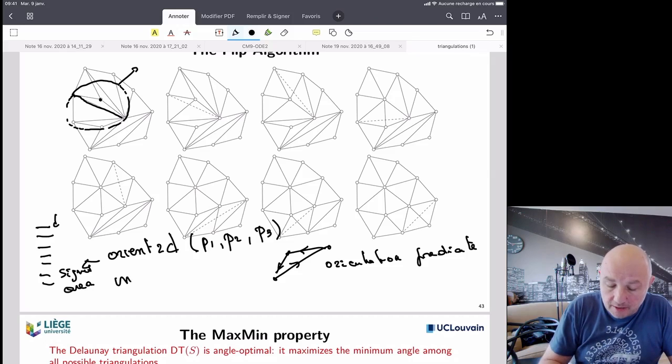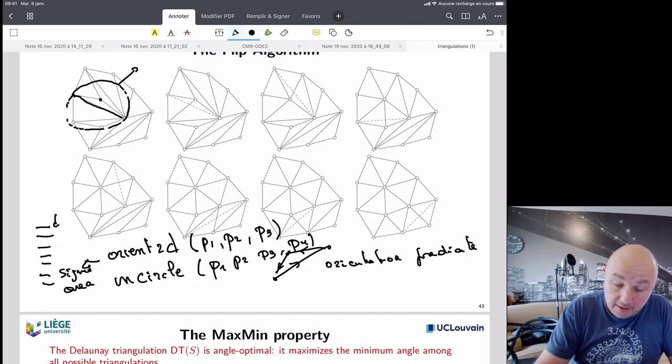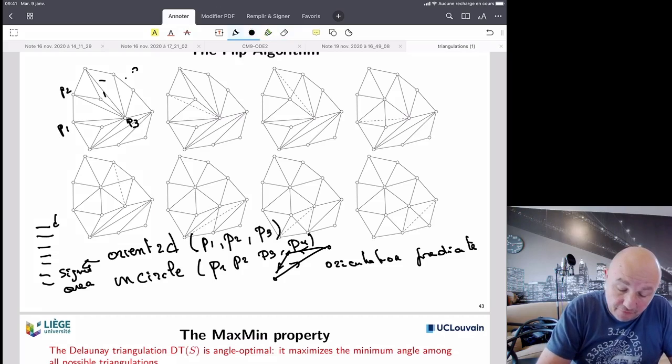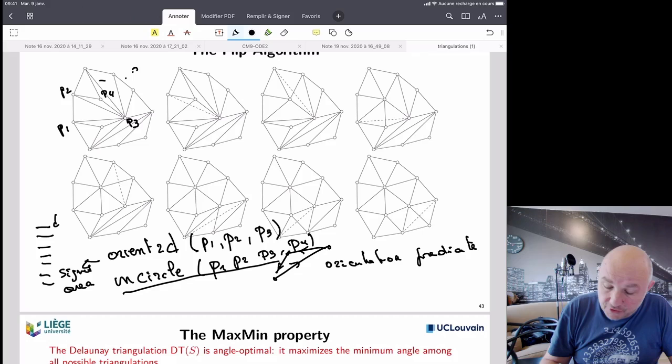You have another predicate which is in circle. In circle takes 3 points, P1, P2, P3, and a fourth point, P4. If I'm looking here, you would give P1, P2, and P3 here, and a point P4. And the in circle tells you if P4 lies in the circle with P1, P2, P3.